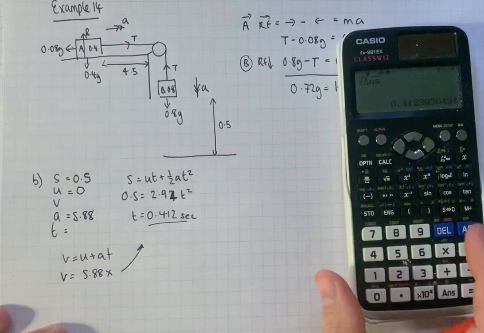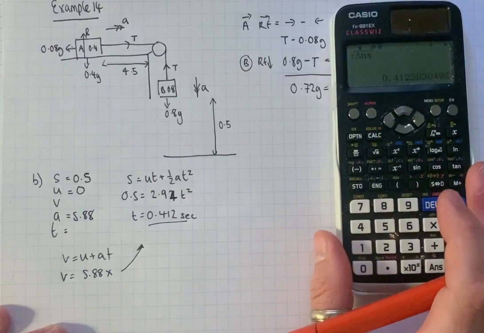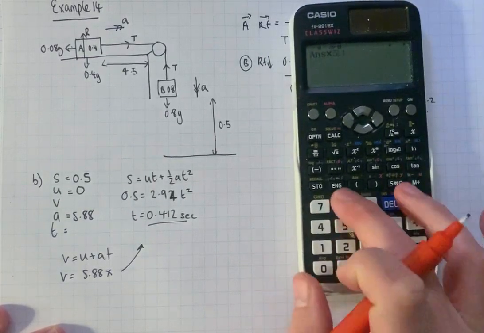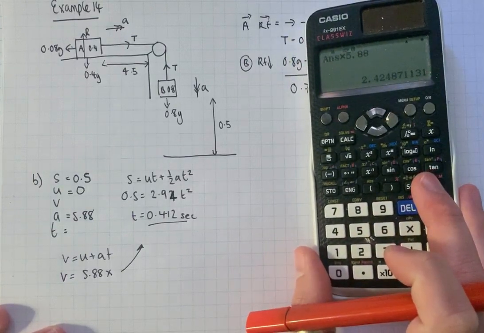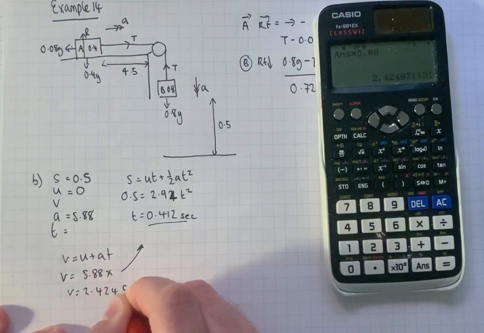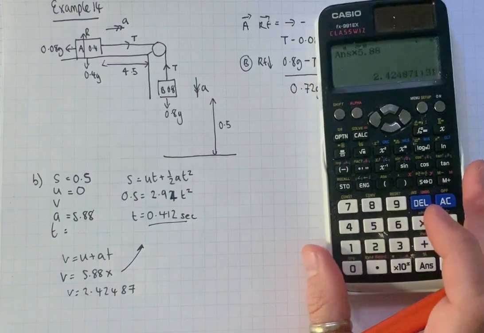So I'm going to use ans in the calculator. So I need to just times that by 5.88. 2.42487. I'm going to put a few decimal places there because I don't want to get a rounding error later.